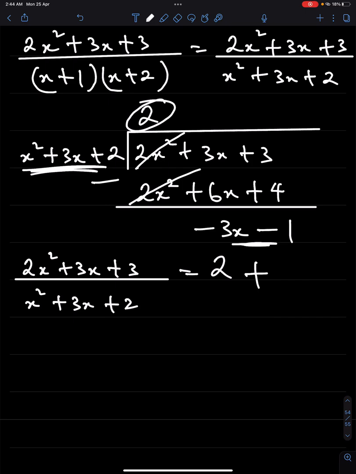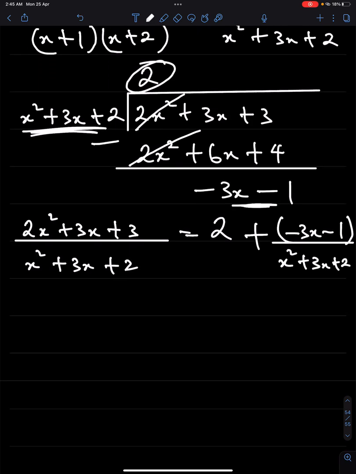So that means plus, let me put it in brackets, minus 3x minus 1 all over x squared plus 3x plus 2.